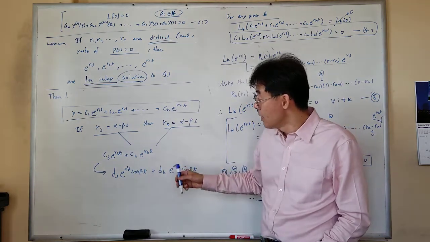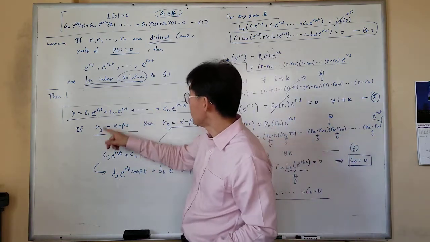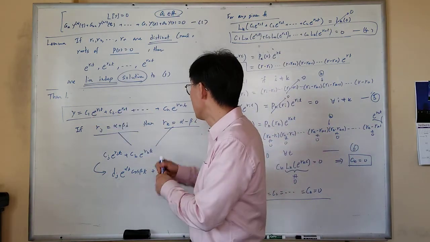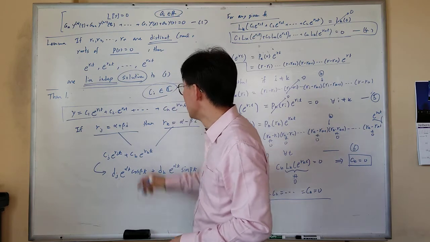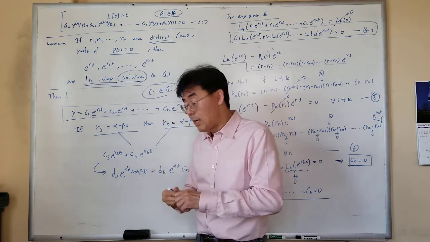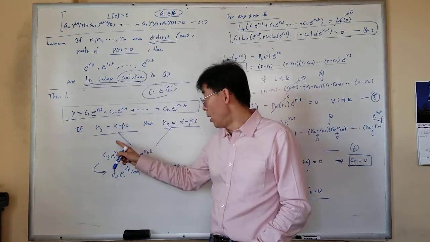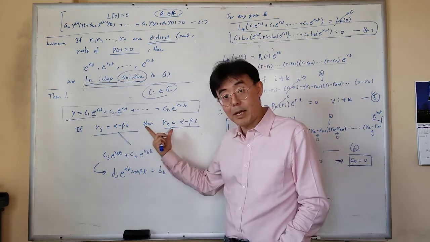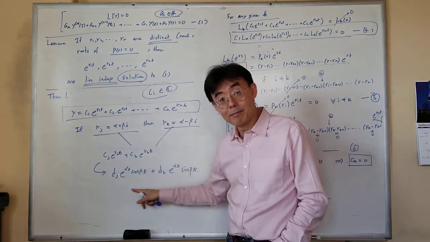Just like that. So here, these c_i's are all complex numbers. But if you have complex conjugate roots for r_j and r_k that match, then for those we can replace with this. Alright?